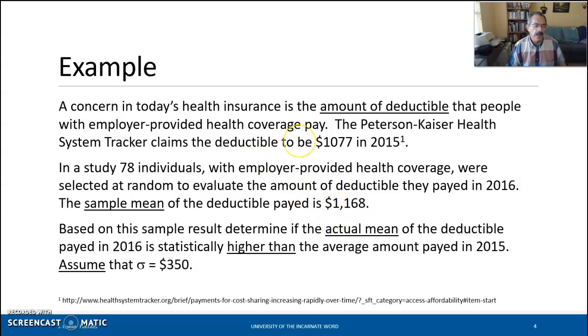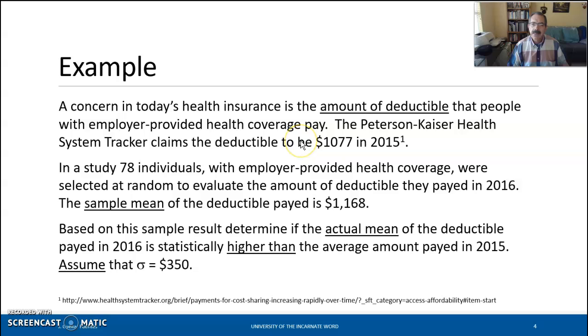So one important thing that perhaps you're dealing with, or your parents are dealing with, is the amount of deductible that people with employer-provided insurance pay. That deductible seems to be going higher. In this example, we're using the information from the Peterson-Kaiser Health System Tracker.